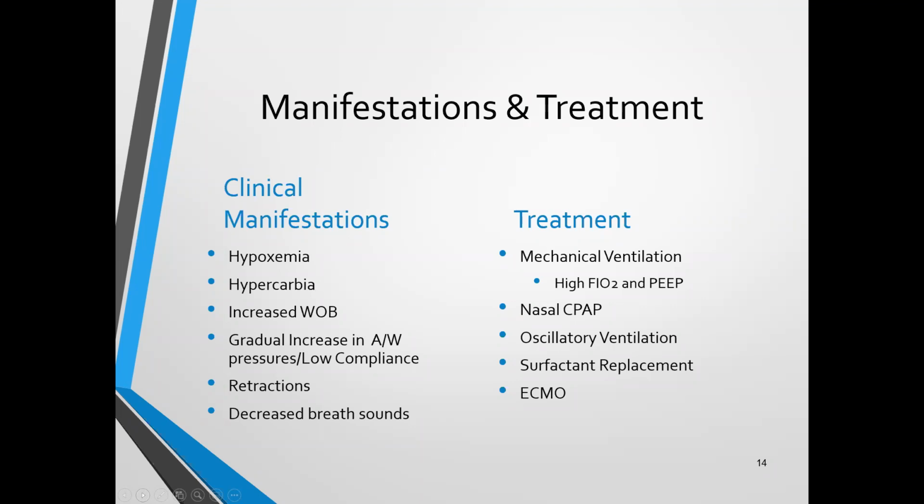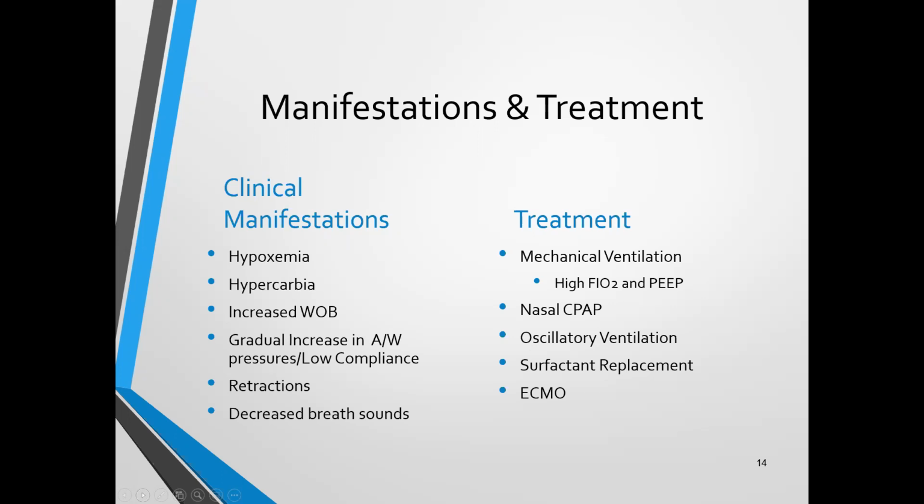Treatment: mechanical ventilation tends to use higher FiO2s and higher PEEPs. Remember, when we worry about the babies developing retinopathy of prematurity, certainly they're at risk for that. But it's not the FiO2 that actually causes the vessels in the eye to constrict. It's the SO2 and the PO2, so it's what makes it into the blood.